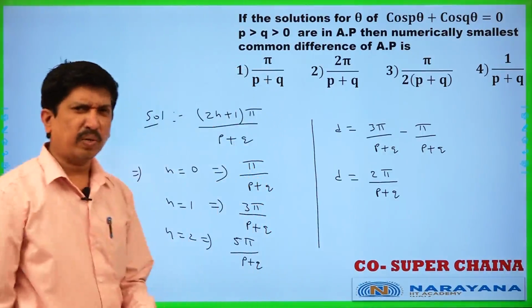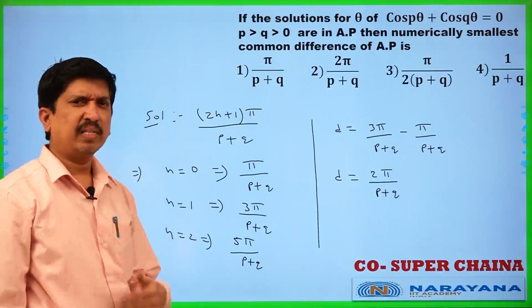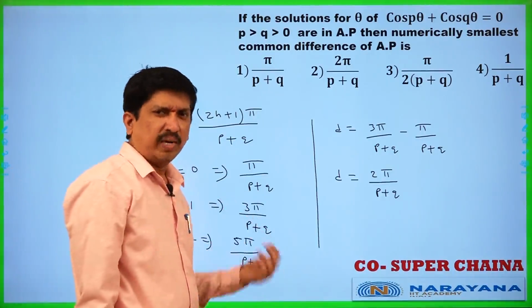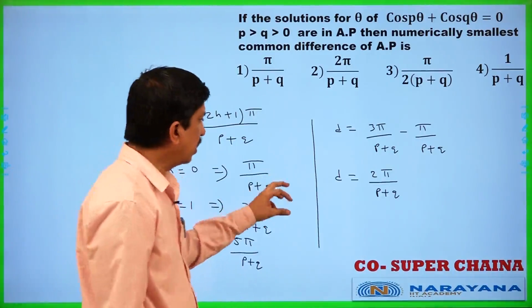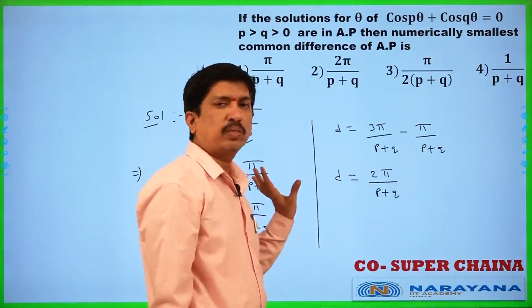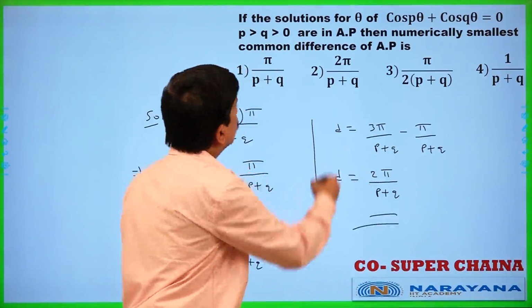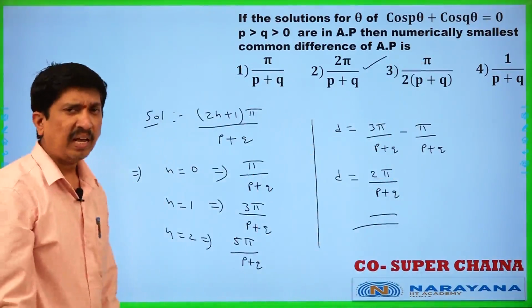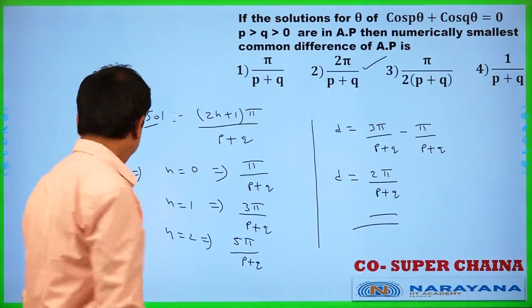You can save time while writing the JEE Mains examination also. Unnecessary things you can avoid, isn't it? So here we require this only: D equals 2 pi by p plus q, this is the common difference. This is the right answer. Let us move to the next question.